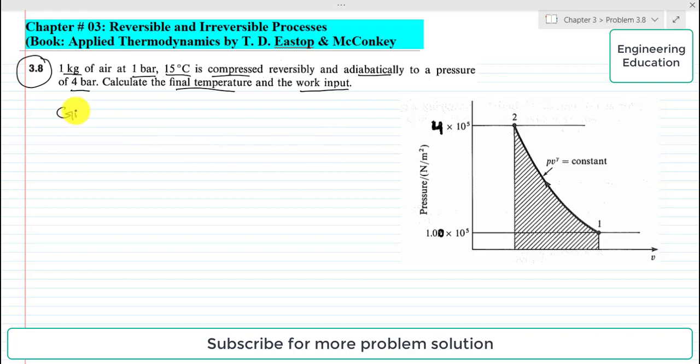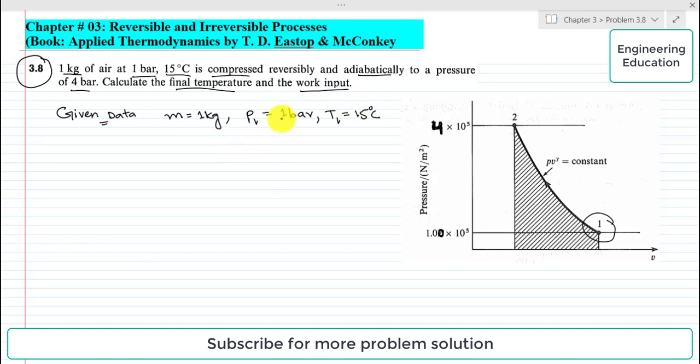So first of all we will write the given data. We have given that the mass of the air is 1 kilogram and its initial pressure at state 1, that is P1, is equal to 1 bar, and temperature T1 is 15 degree centigrade.